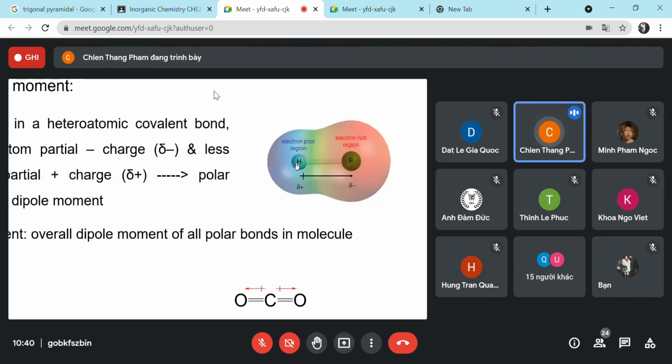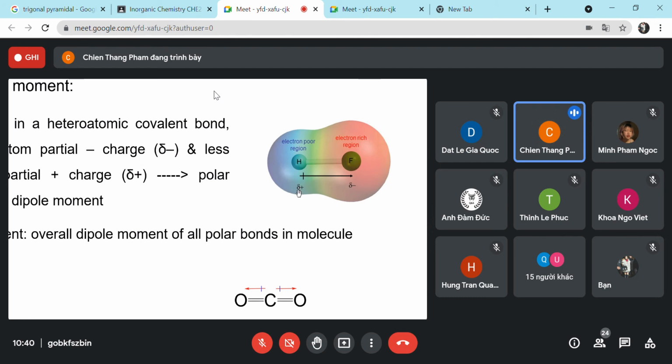And when the electron pair is moved towards the fluorine atom, the hydrogen atom is the electron-poor region. So the fluorine atom has a partial negative charge, and the hydrogen has a partial positive charge.